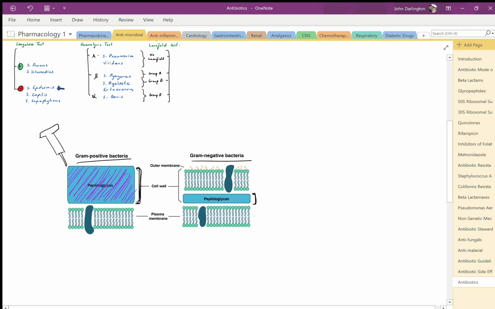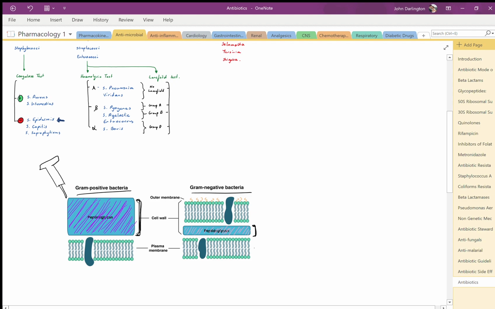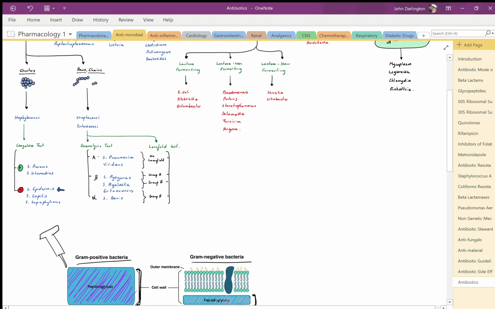Whereas a gram-negative has a smaller cell wall, and so it takes up less of the staining, and as a result, stains lighter. And that is literally the difference between gram-positive and gram-negative. I know it probably seems really simple, but I didn't know this until I started doing my other studies. So I thought I'd summarize that there.